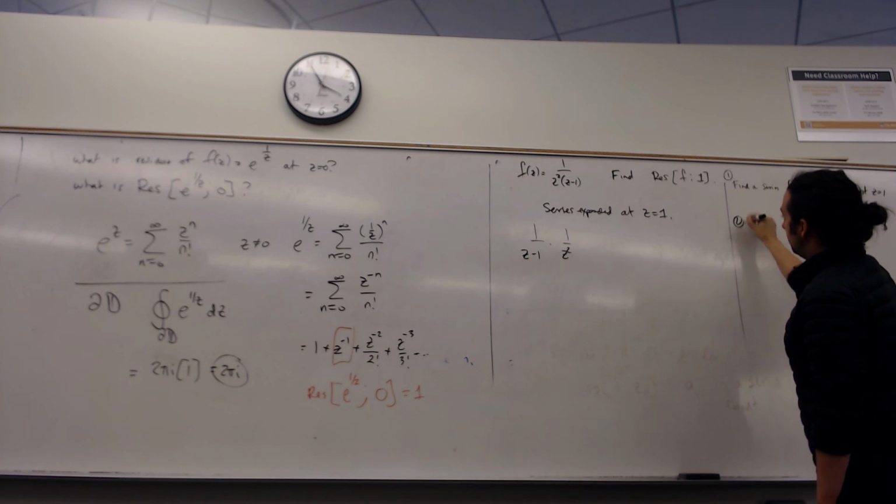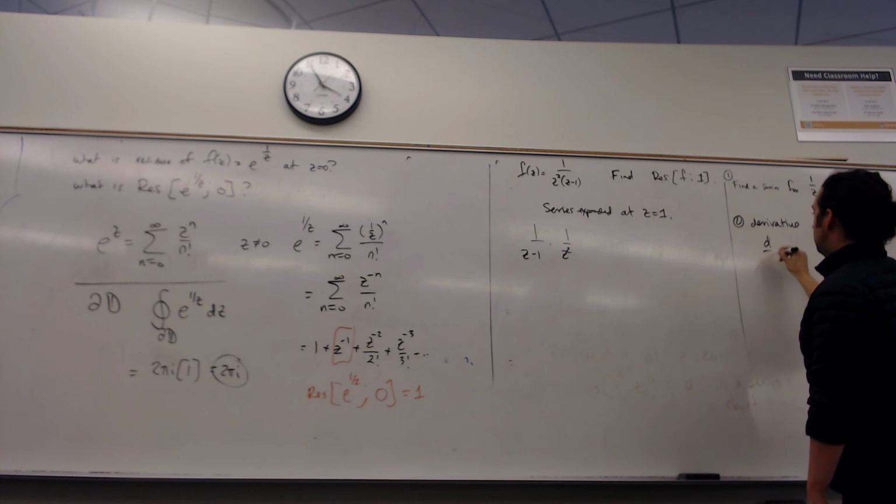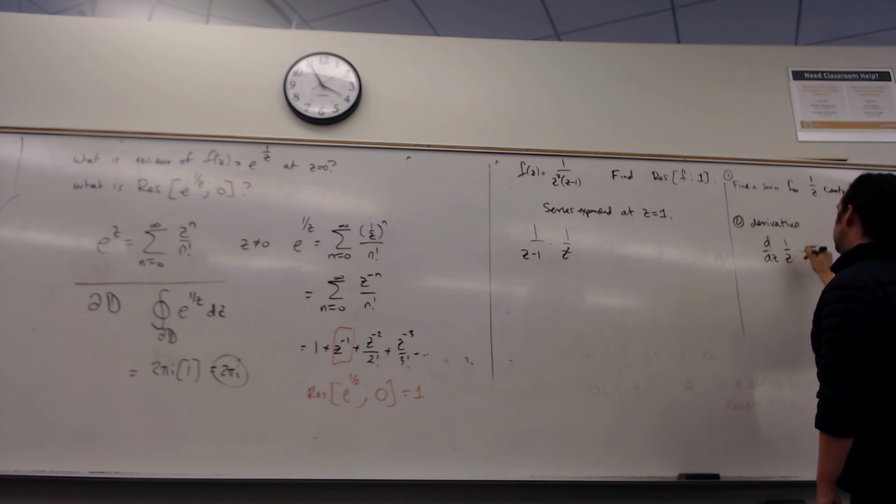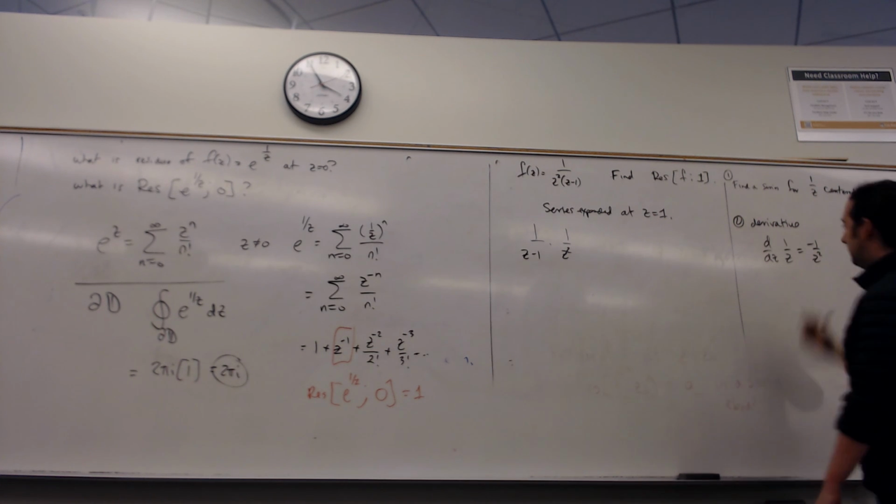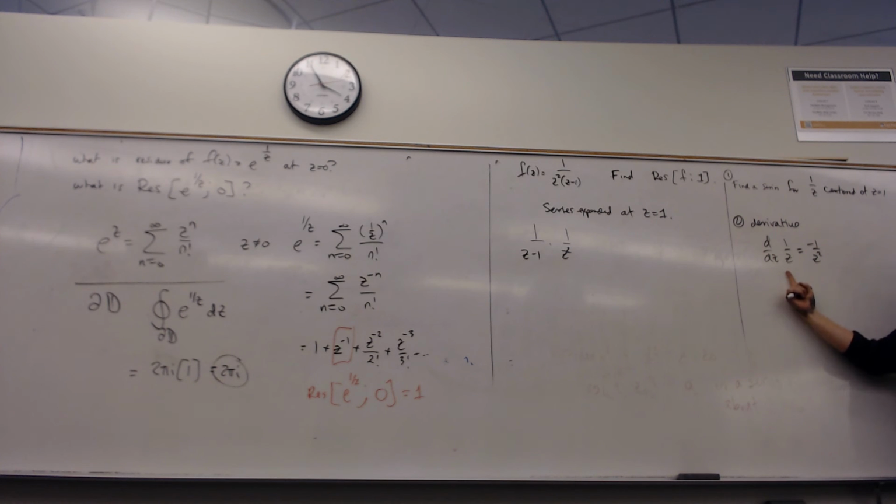And then step 2 is we're going to take its derivative. Because d by dz of 1 over z is equal to minus 1 over z squared. So if I can get a series for this function, I can get a series for 1 over z squared by taking the derivative. And that absolutely should remind you of the power series section of calculus 3, however many million years ago that took place.